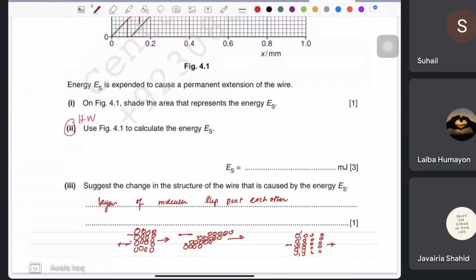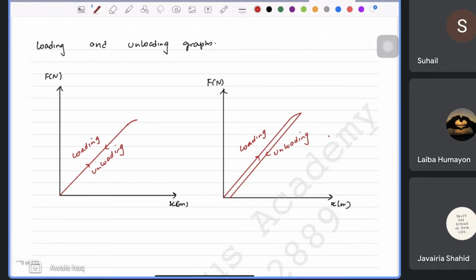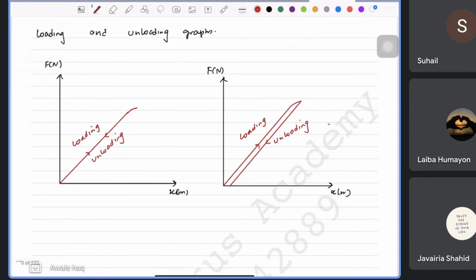Yes, sir. Okay, so you will see these kinds of graphs a lot. If you see the first kind of graph, they're going to ask what is happening, or which represents elastic and plastic deformation. This is the elastic deformation, because although the line has bent and stopped following Hooke's law, it comes back along the same line to the same point, which means it has not exceeded the elastic limit. That is a clear indicator.